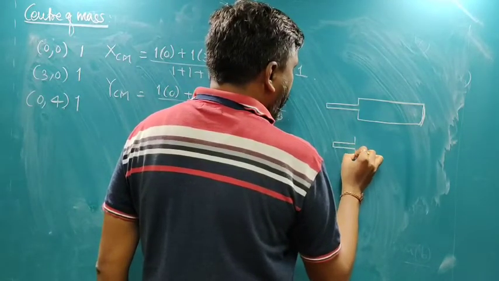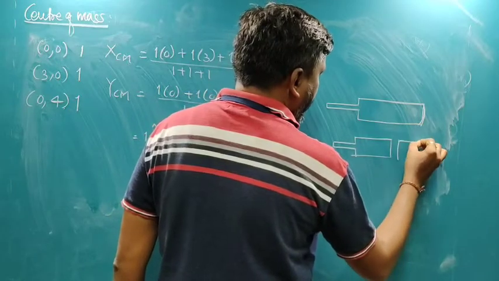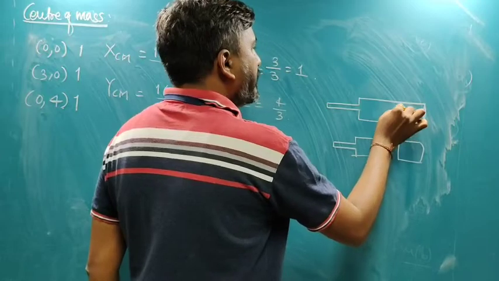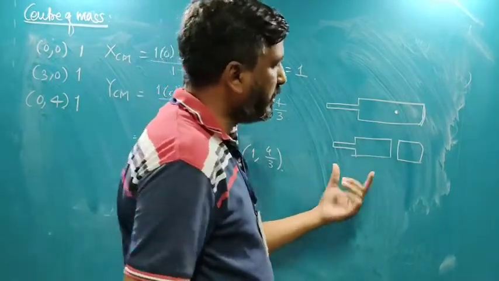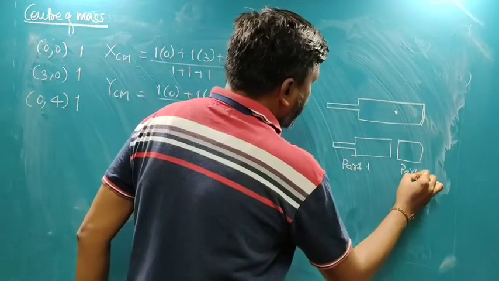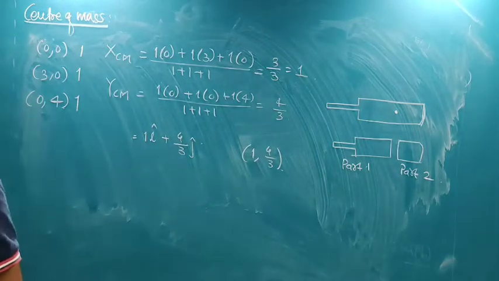So it forms two parts. This is my part 1 and this is my second part, part 2. These are my two parts, and the options are given.